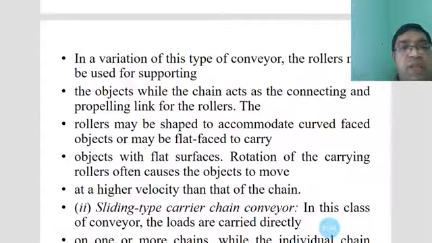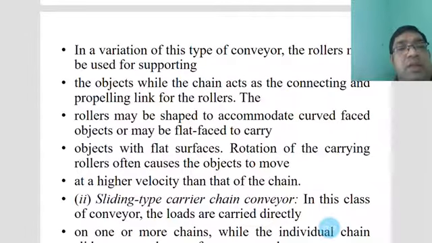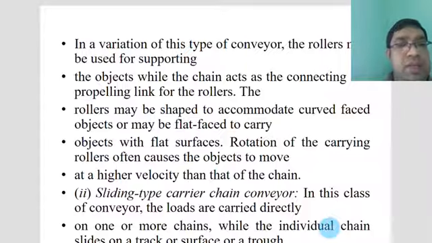For objects with a flat surface, the rotation of the carrying rollers often causes the objects to move at a higher velocity than that of the chain.